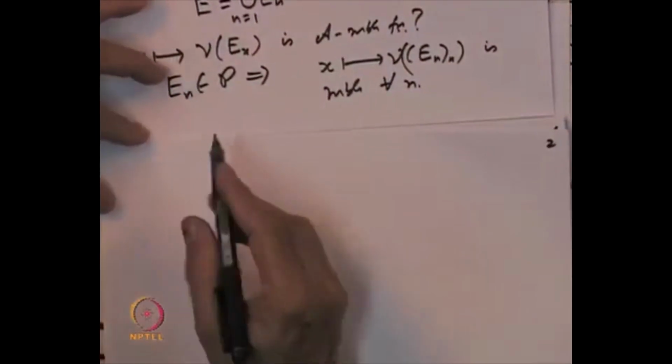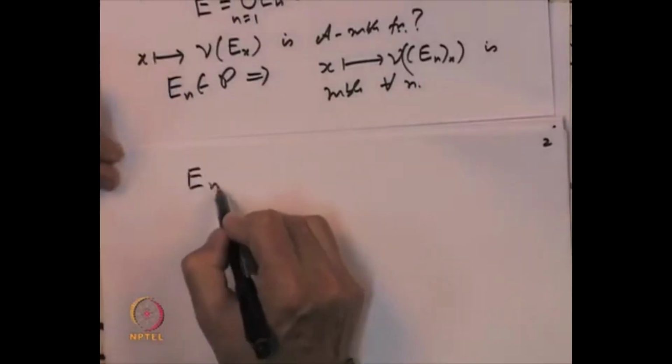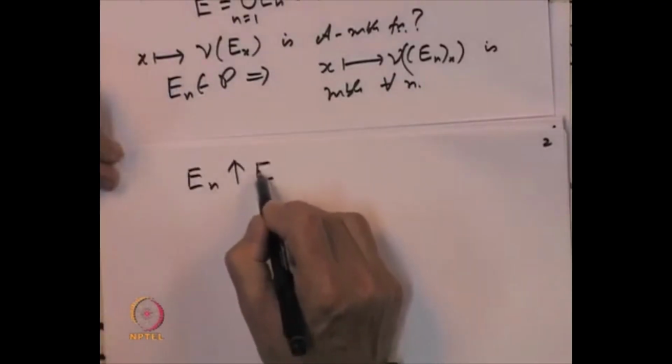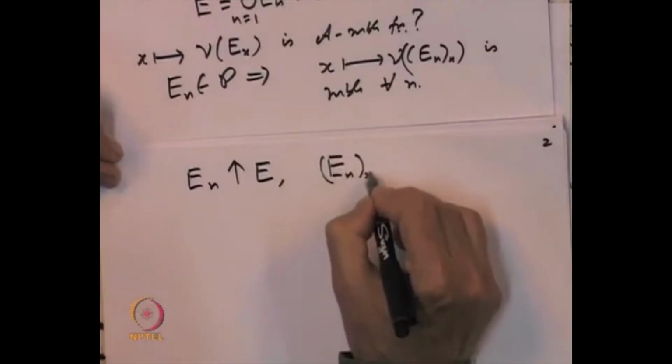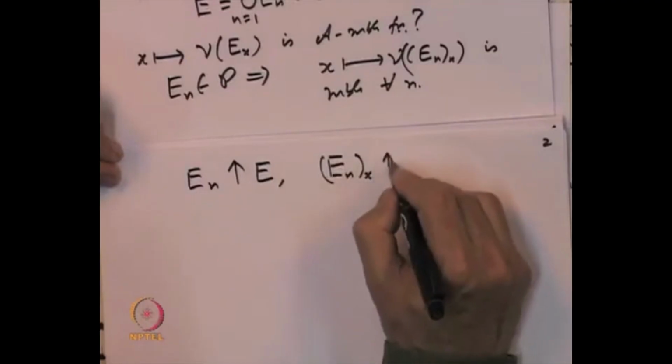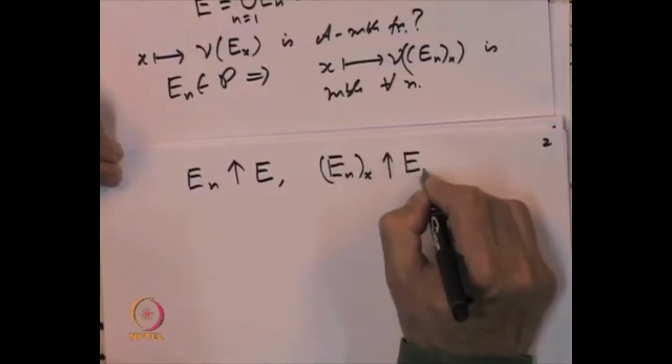But for that, let us observe that as E_n is increasing to E, the sections E_n at x form an increasing sequence of sets increasing to E_x.